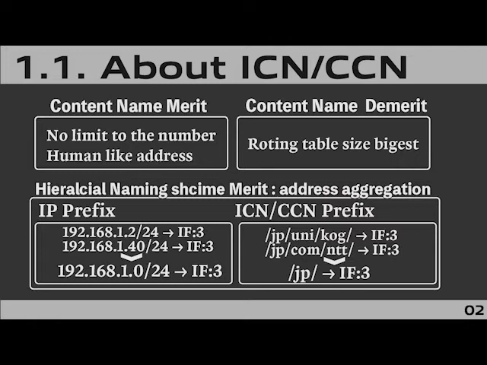While there is the demerit of the routing table becoming broadened when registering content names, which are character strings, in the routing table, content names with the same prefix and forwarding destination can be aggregated and registered in the routing table by hierarchization.